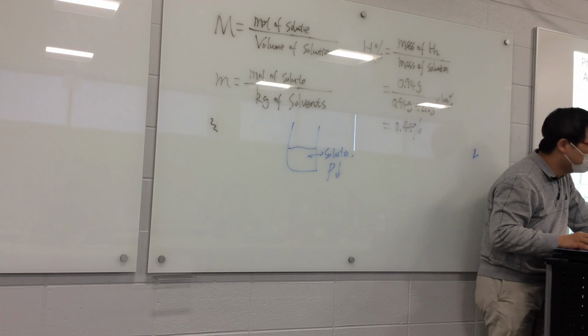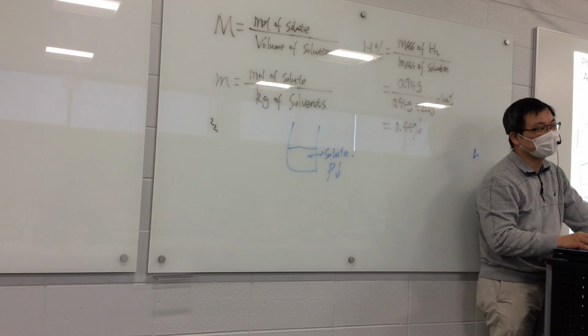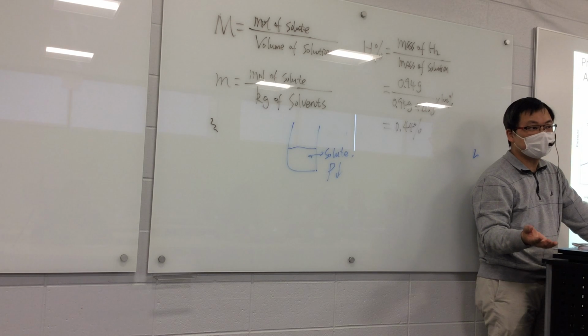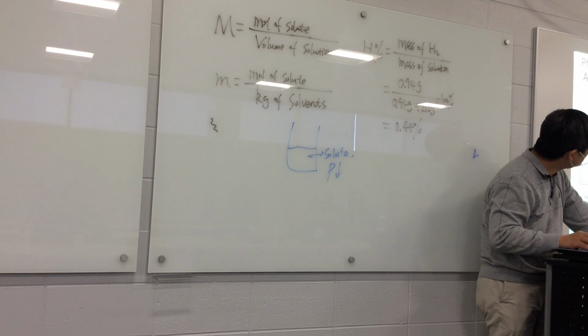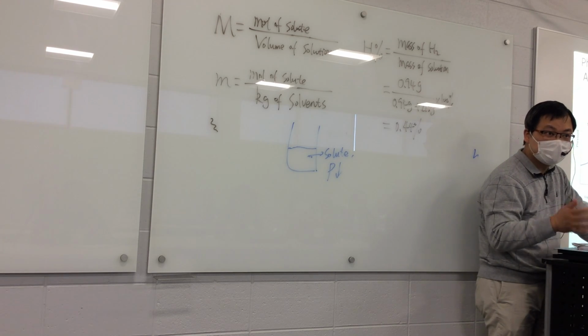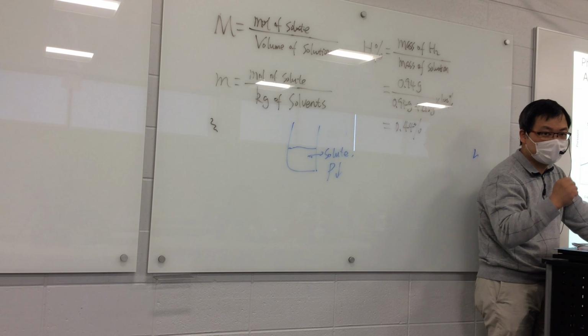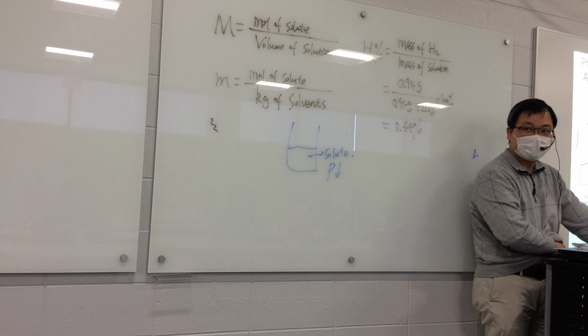And then if we want to boil this solution, if we want the pressure of this solution to reach 1 atm, we need to what? We need to increase the temperature. If we don't increase the temperature at 100 Celsius degree, the solution's vapor pressure is smaller than 1 atm. Why? Because solute lowers down the vapor pressure. That makes sense, right?